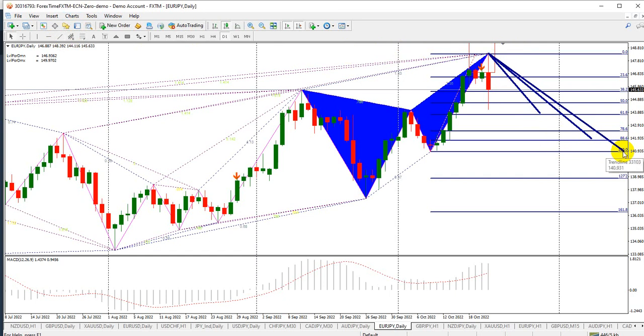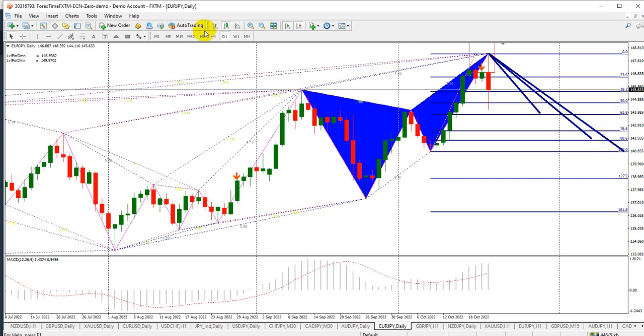So we'll leave this analysis this way. But for me, Euro JPY, there is a possibility for more downward move. So guys, when the markets open, we look at Euro JPY. So Euro JPY is now on my watch list. I will look for opportunity to sell Euro JPY.